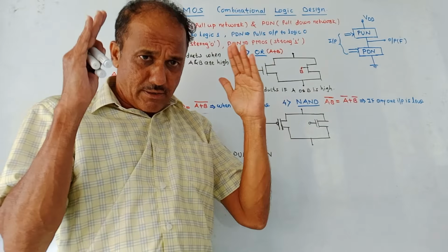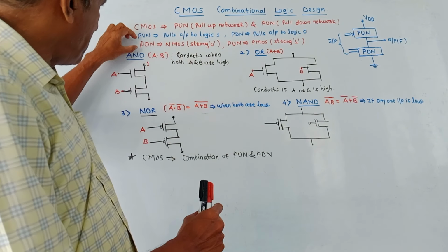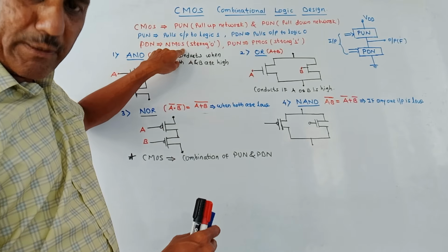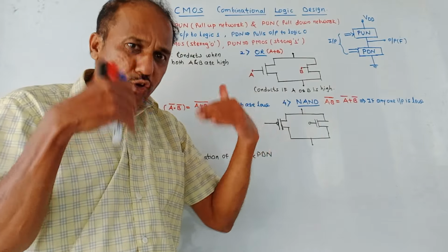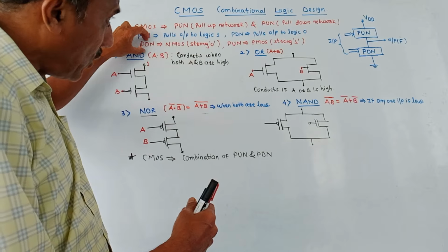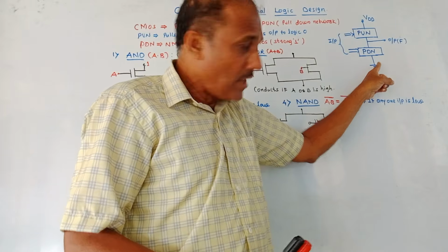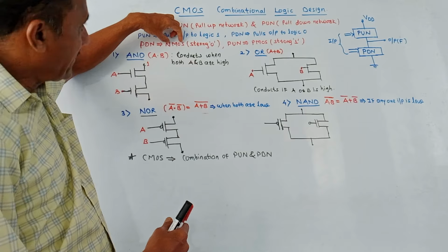Do remember some important points. To design the PDN, that is the pull down network, N MOSFETs are preferred. Reason: N MOSFET produces strong logic zeros. So for the pull down network, we want to make output 0, that is logic low, so NMOS transistors are used.